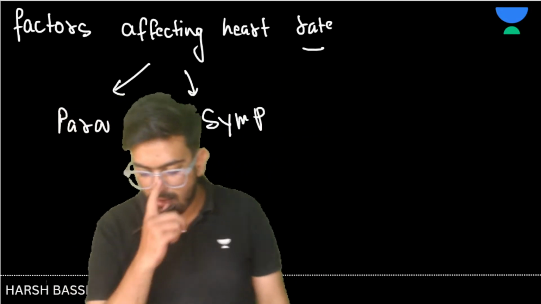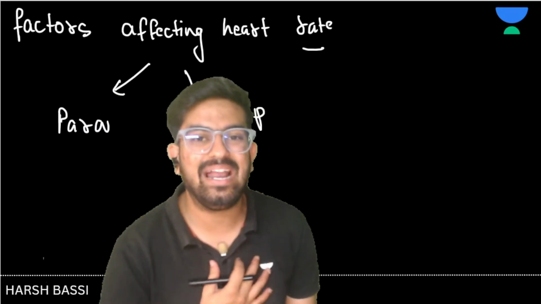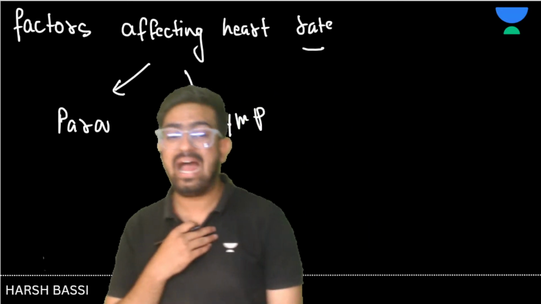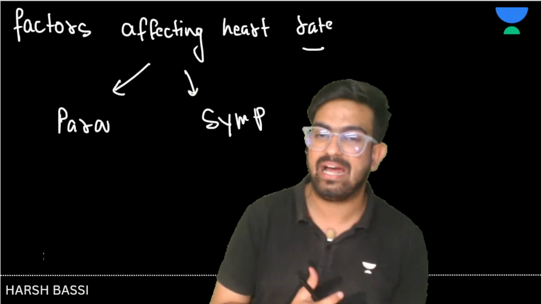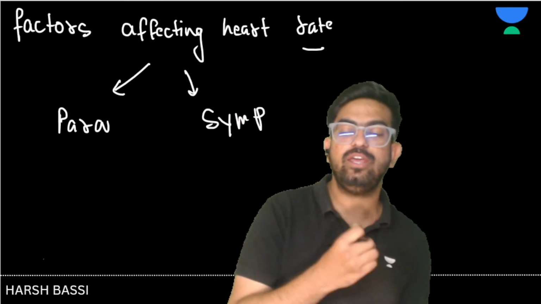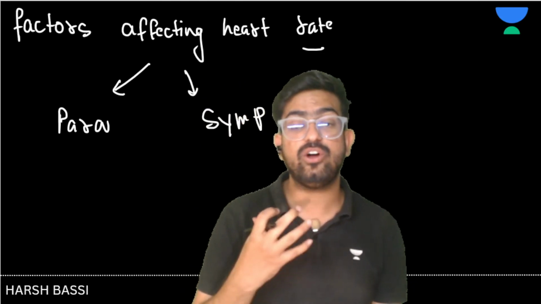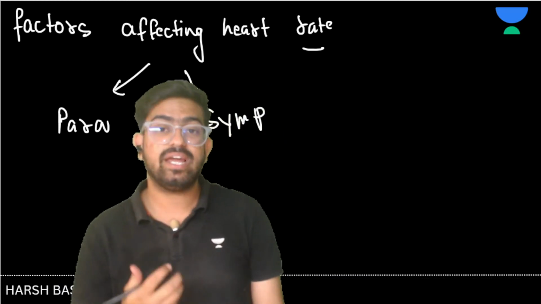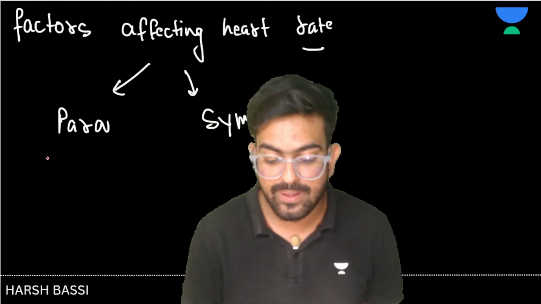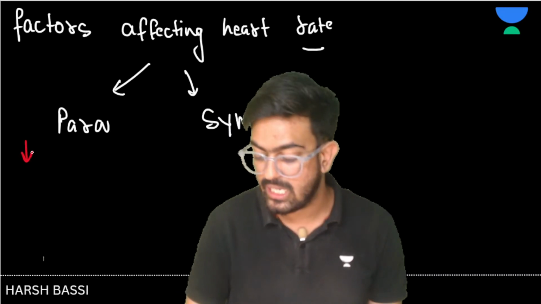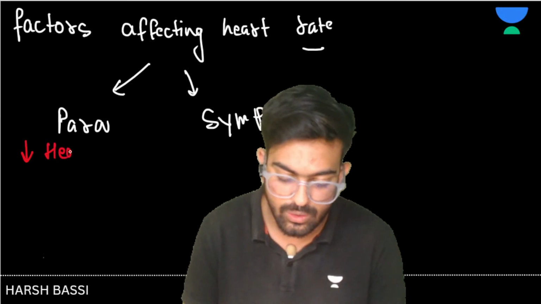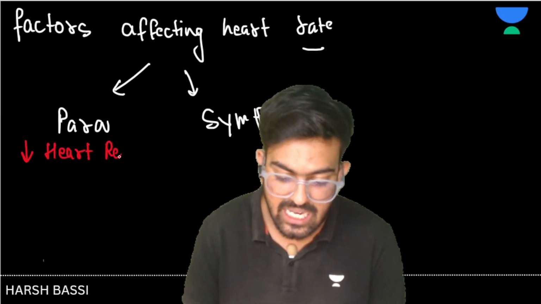If I talk about the parasympathetic, para is pyara. The person who loves us more is always afraid that something may happen to us, that we might get hurt. So parasympathetic will always decrease the heart rate.